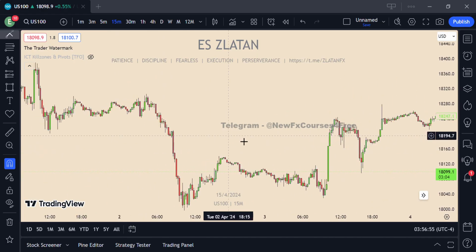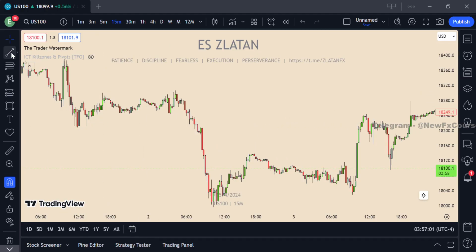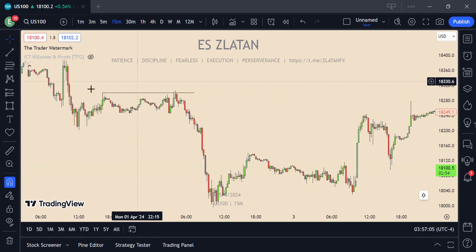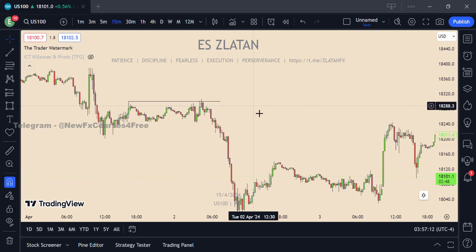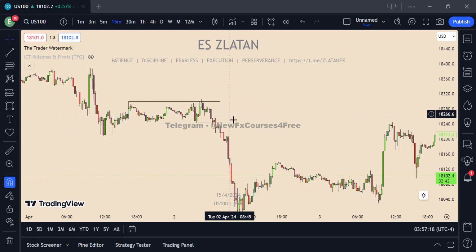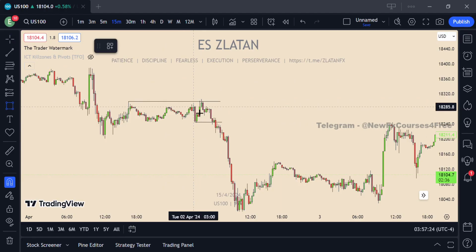One last example. The sweep right here into this huge order block and this high fair value gap. We break low, right? This is the last swing low before we take out liquidity, and this was the last candle, right?